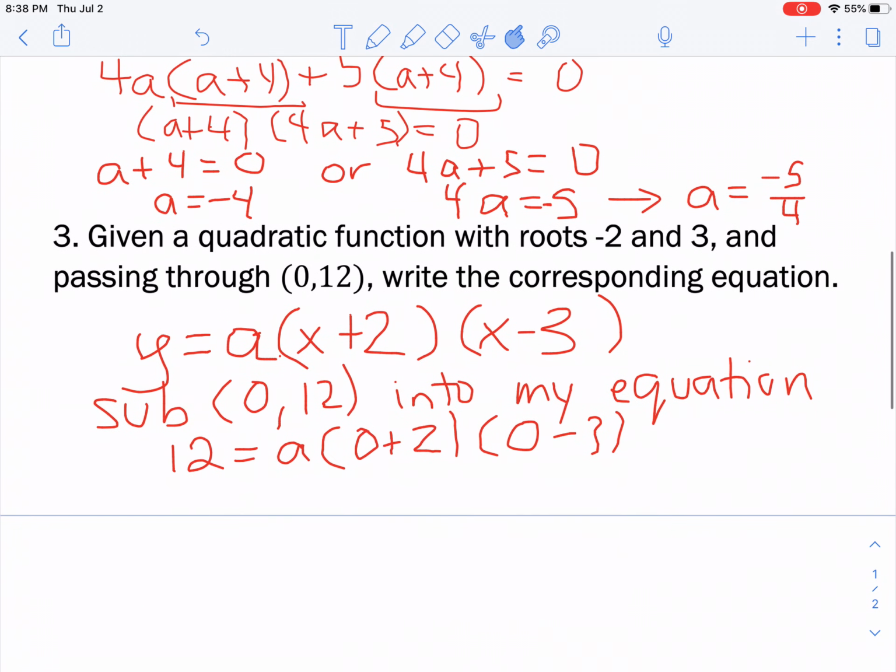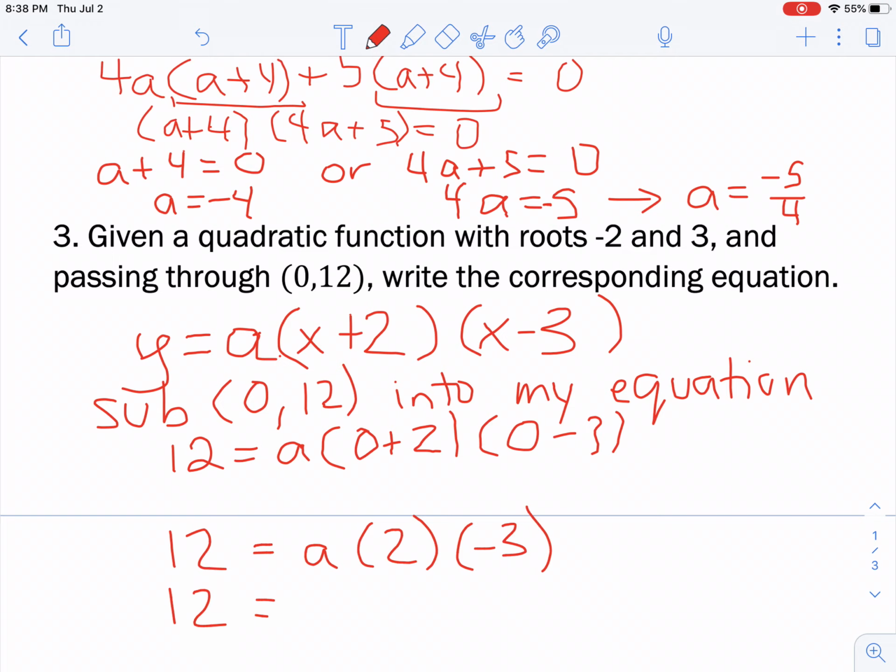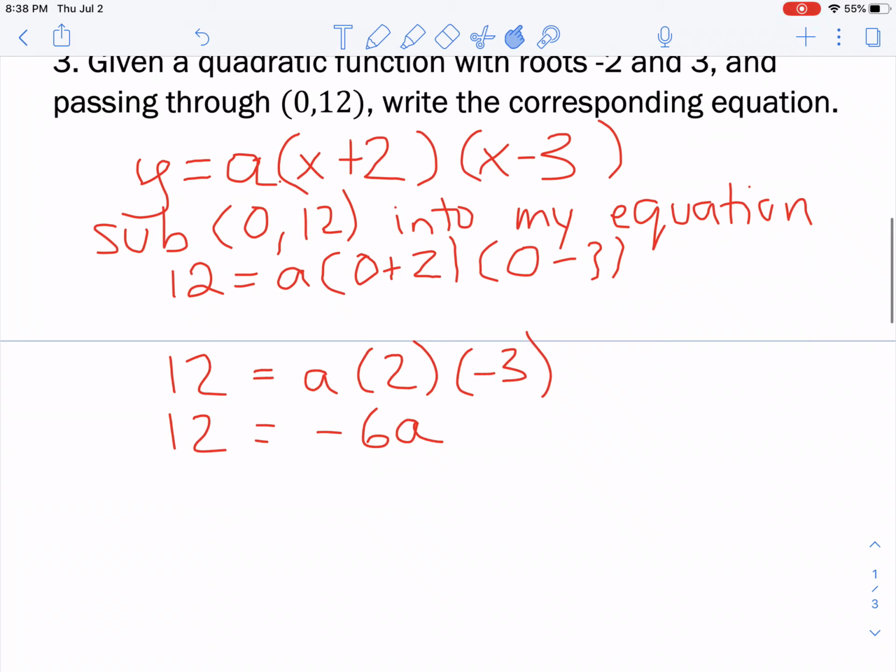And multiplying out, I would end up with 12 equals a times 2 times -3. So 12 equals -6a when I multiply everything together on that right-hand side. And dividing both sides by -6, I end up with a equals -2.